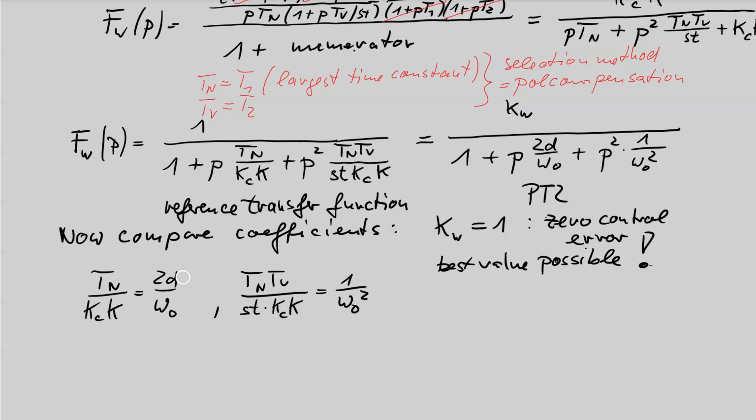The question is only, is a damping factor and the natural frequency a really good practical parameter to discuss with the customer, with the user? I think not, because normally the user is not informed what is a PT2, what is a damping factor, what is the natural frequency of a PT2.